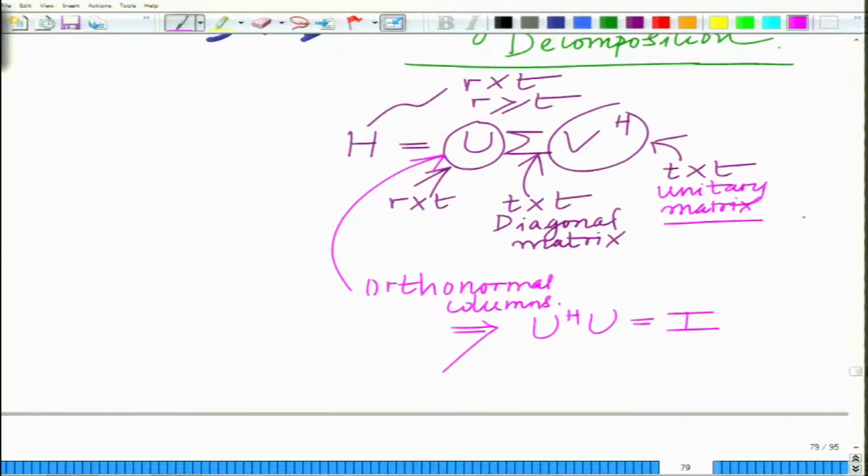Now, V is a unitary matrix, which implies that V Hermitian V equals V V Hermitian equals the identity.